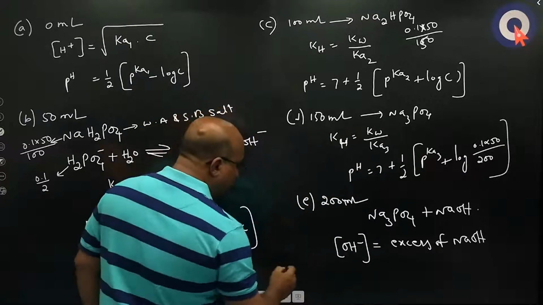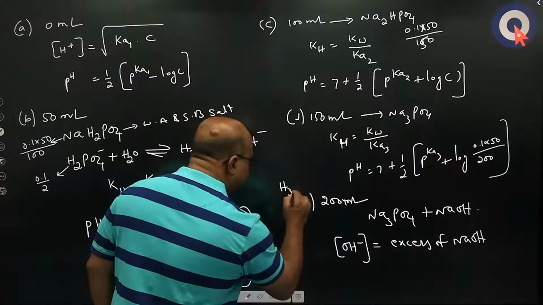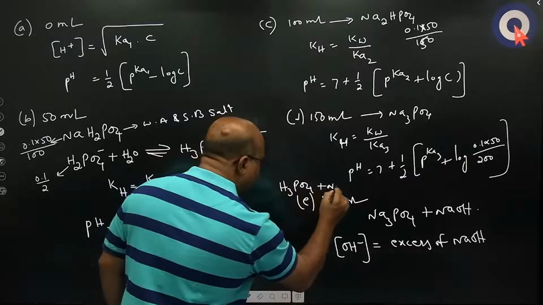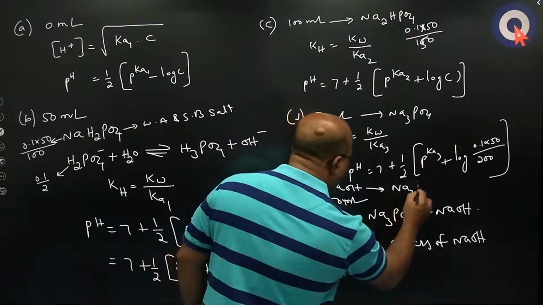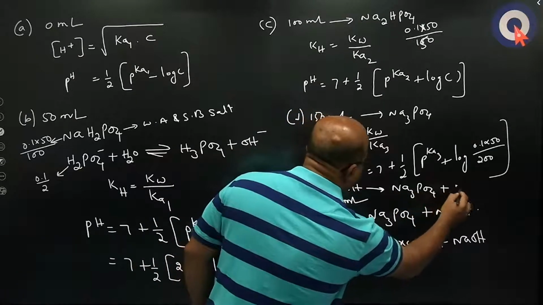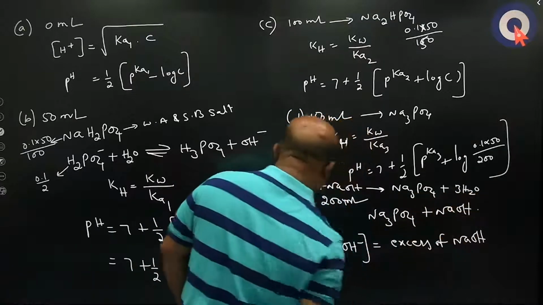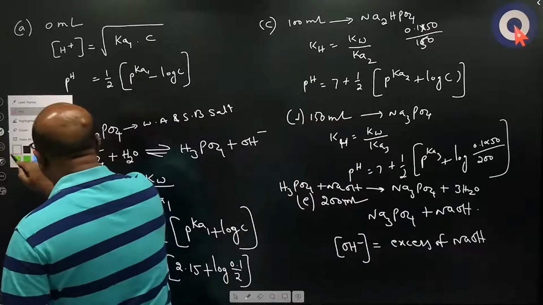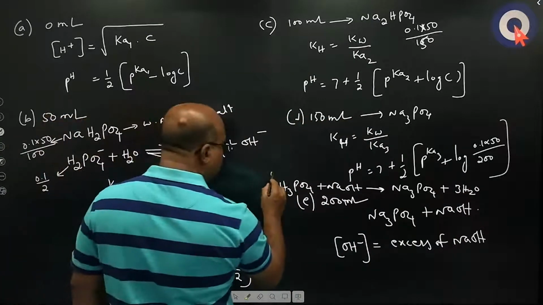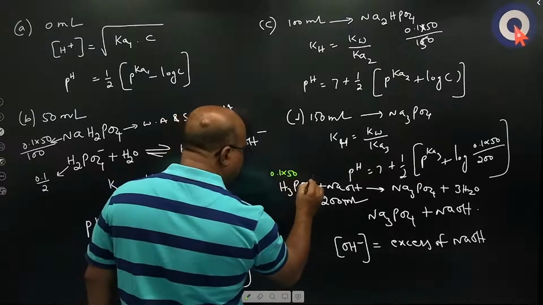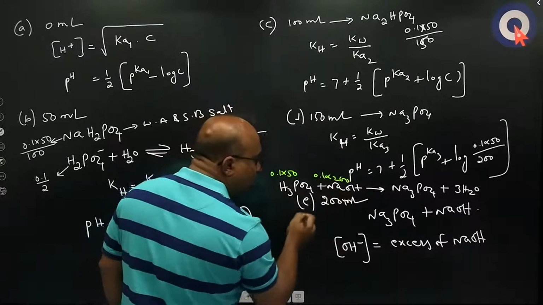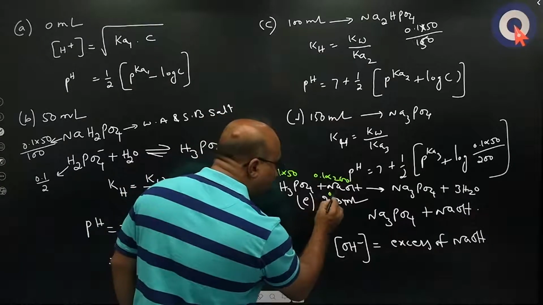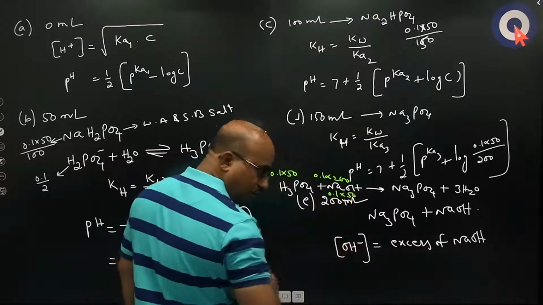Means if it is H3PO4 plus NaOH, you have Na3PO4 plus 3H2O. So how much of this was there? This is 0.1 into 50. This is 0.1 into 200. But how much is consuming? 150 is consuming. So 0.1 into 50 of this is left.